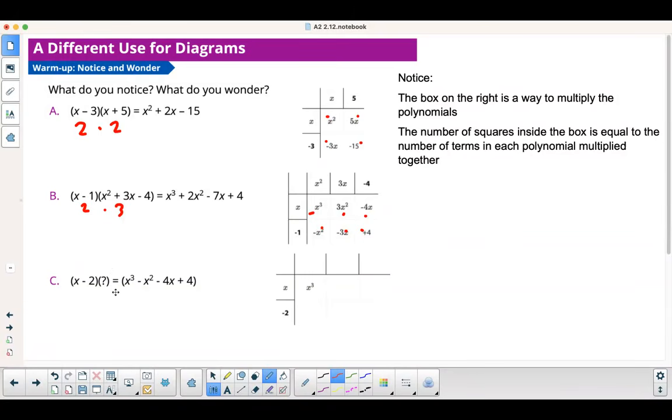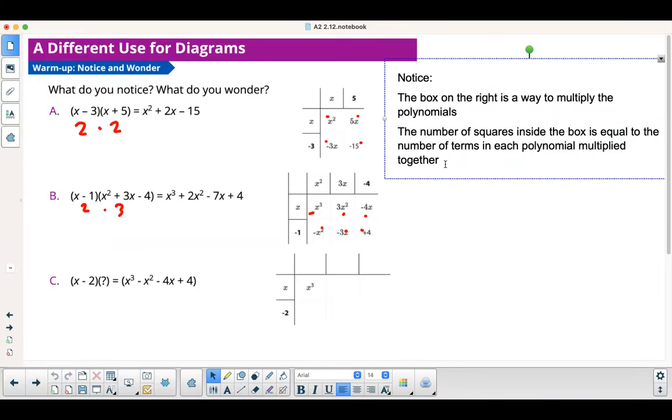I wonder what the second polynomial is. Okay, so let me go back over here and add that in as a wonder.